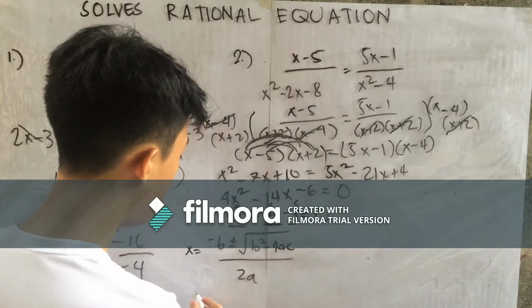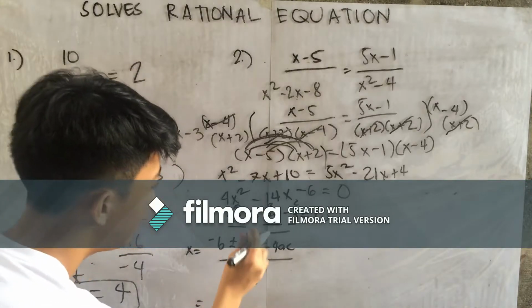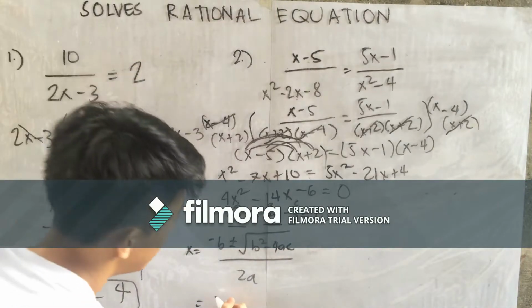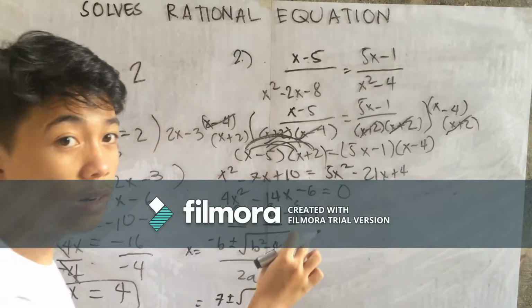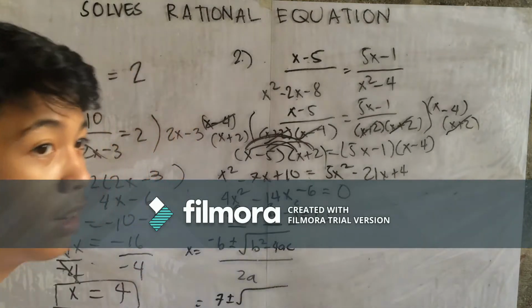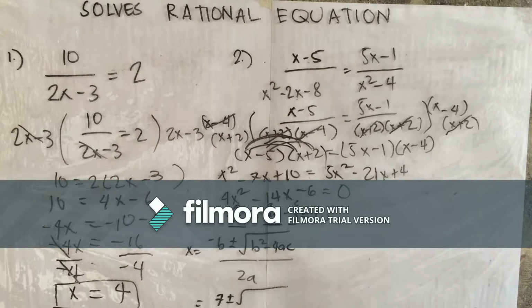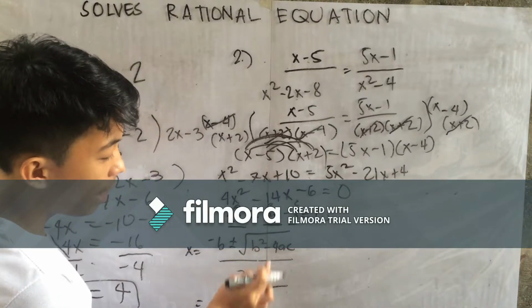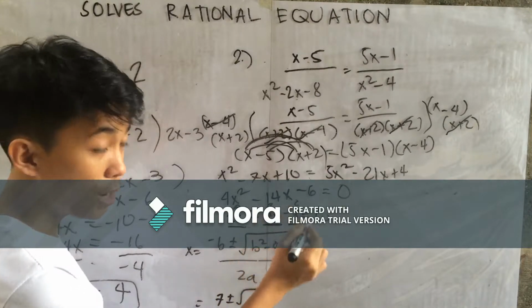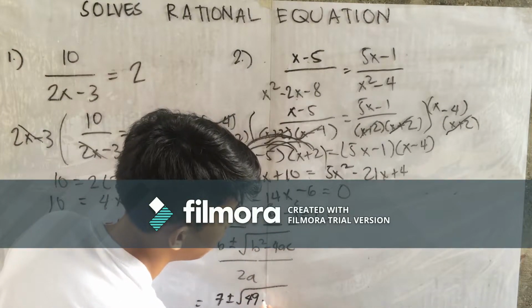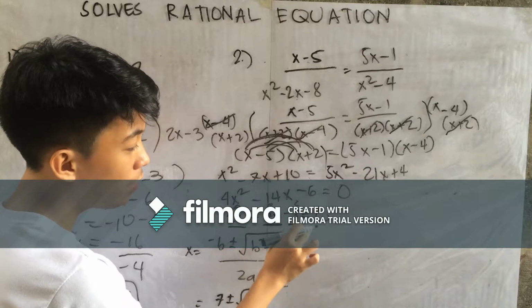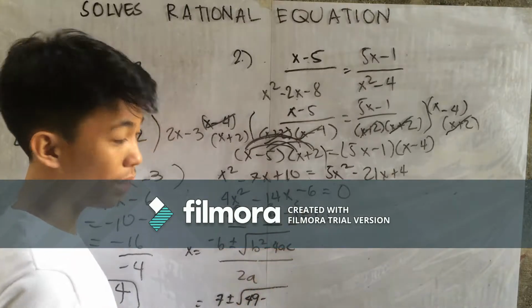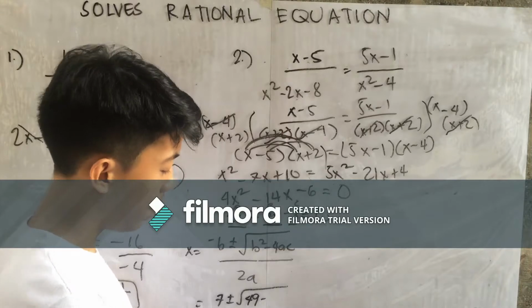So, equate natin siya. Magiging, since negative to, positive na yung 7. 7 plus or minus square root of 7 squared, 7 squared is 49, minus 4 times 2 is 8 times negative 3 is negative 24. Am I right? I'm right.